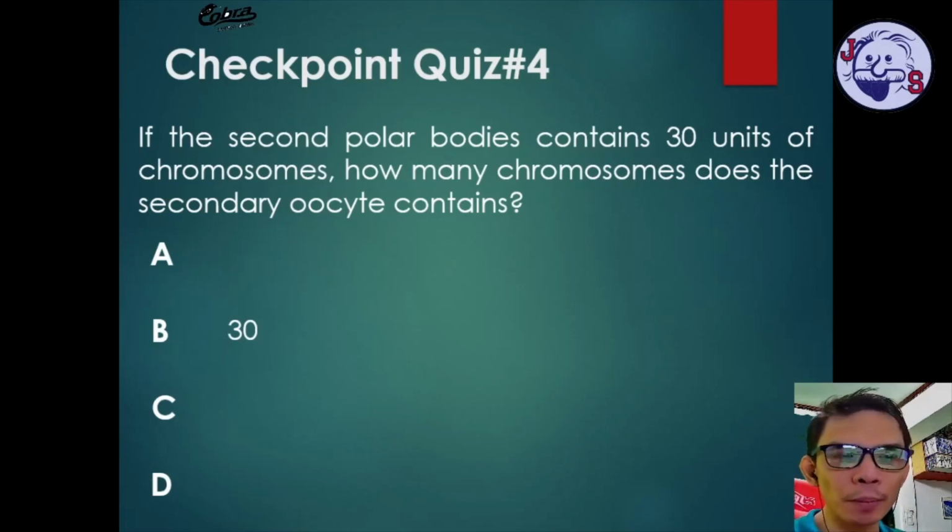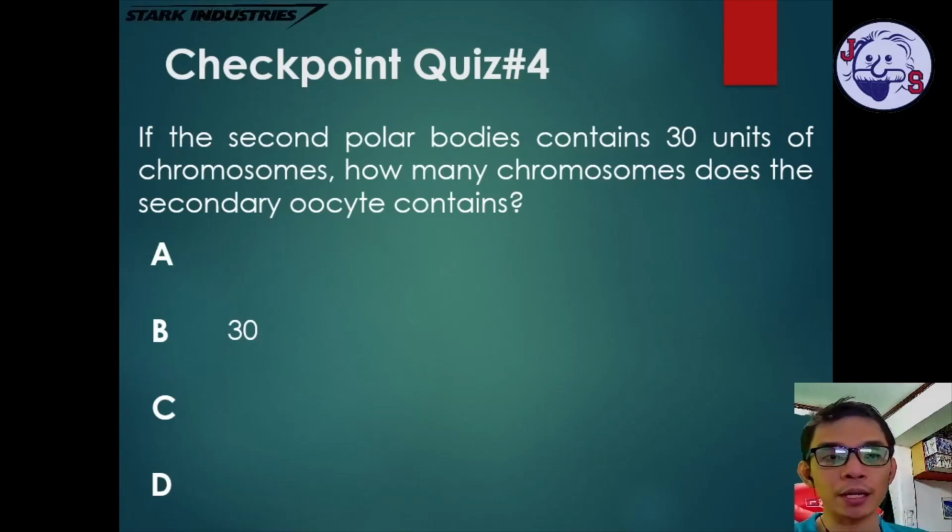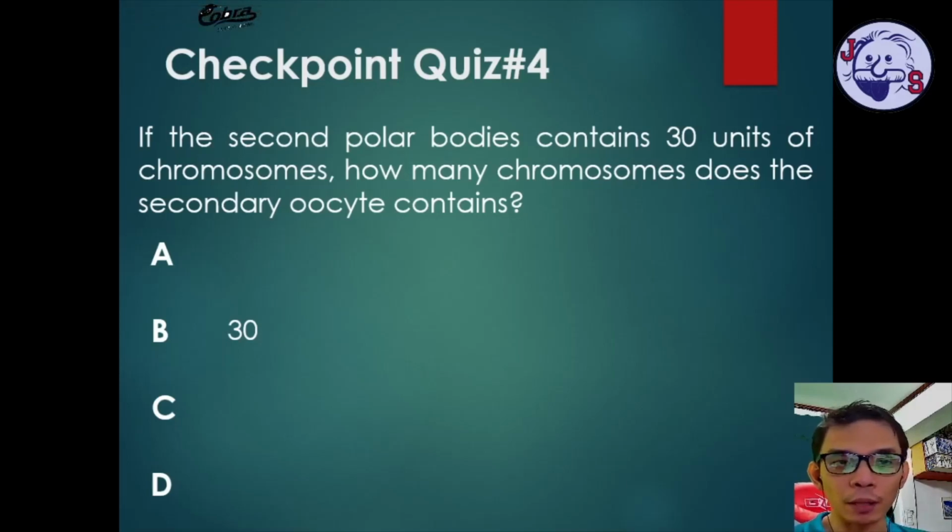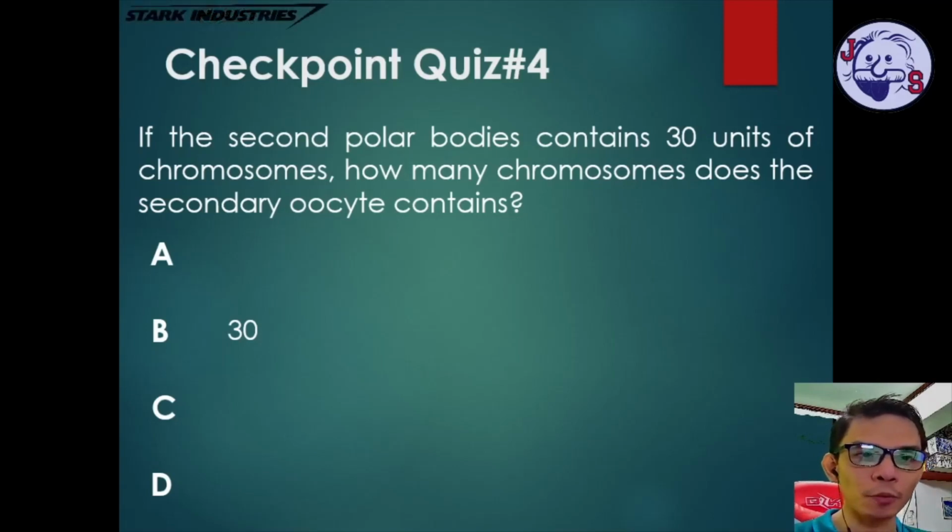Because the second polar bodies are located after the secondary oocyte. So if the secondary oocyte has 30, the second polar body also has 30. There is no separation of chromosomes happening during the second meiotic process. So that is checkpoint question number 4.